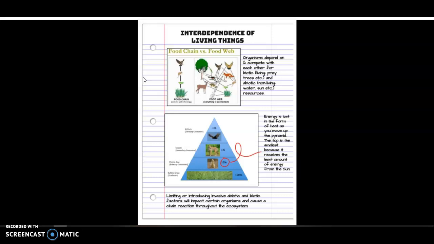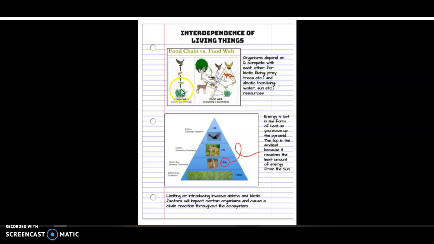So in level one, we looked at interdependence of living things. What this is talking about is looking at how organisms within an ecosystem depend on each other and depend on resources and how they compete with each other, how they interact to keep the ecosystem in balance. So we can show energy flow in a few different ways. We can look at a food chain versus a food web.